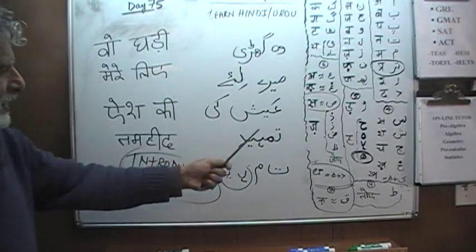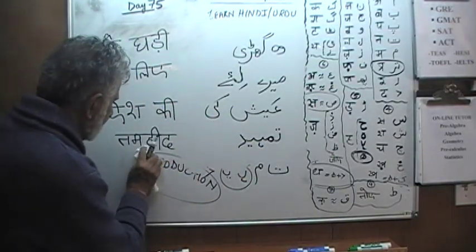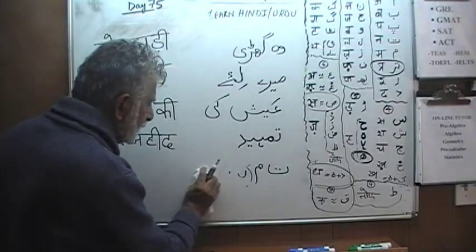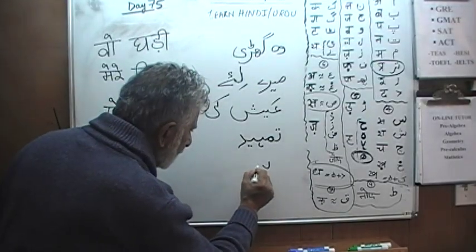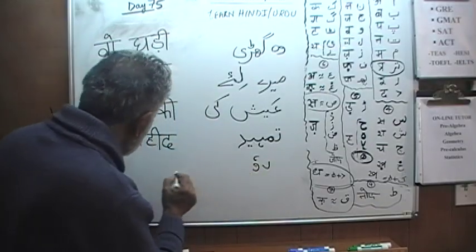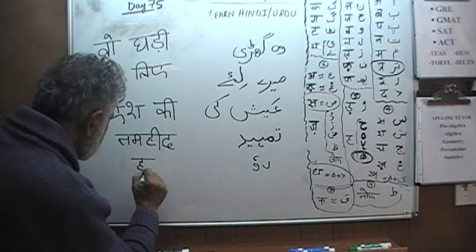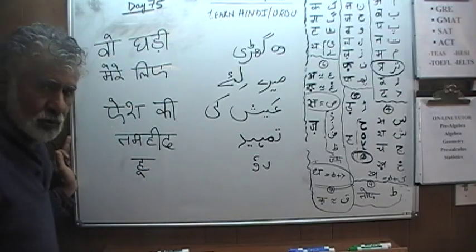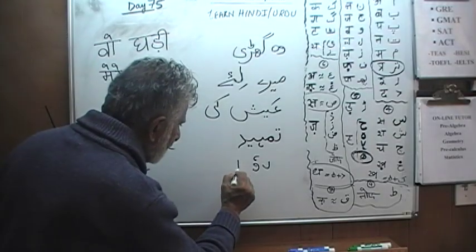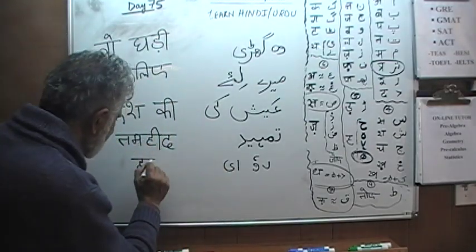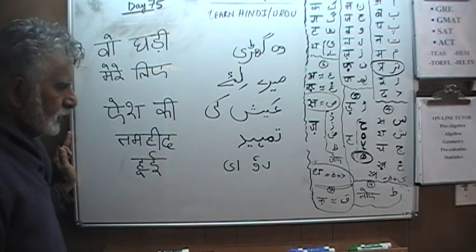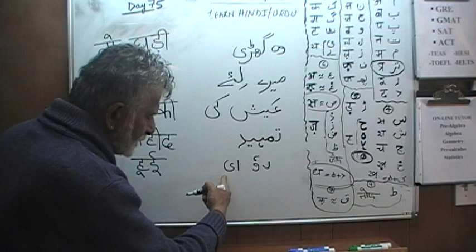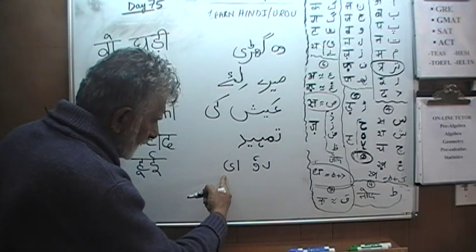वो घड़ी मेरे लिए ऐश की तमहीद हुई. Her, and then a wow with ulta pes to give us who. Badi ki matra, who, and then e. Alif and a choti ye gives us badi e. Alif followed by a choti ye is going to look like this.